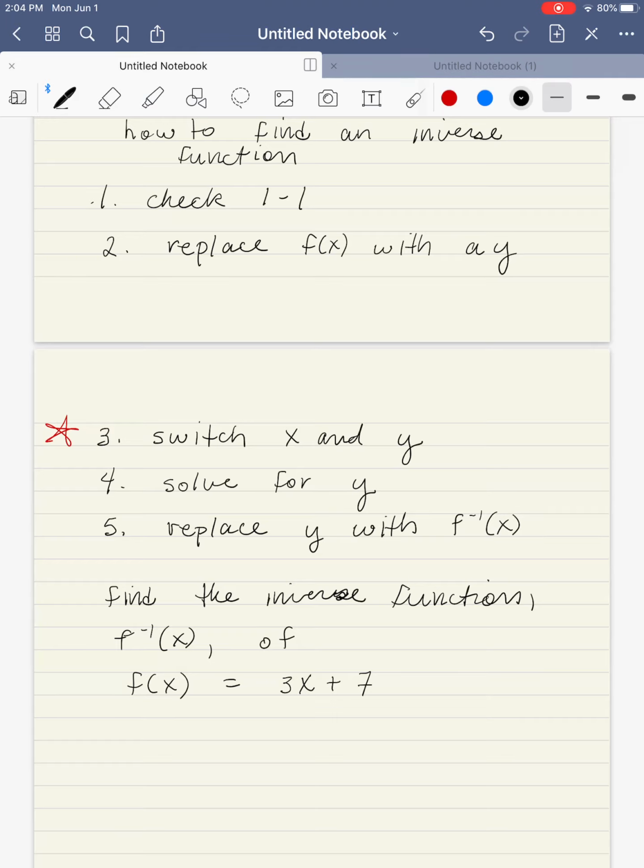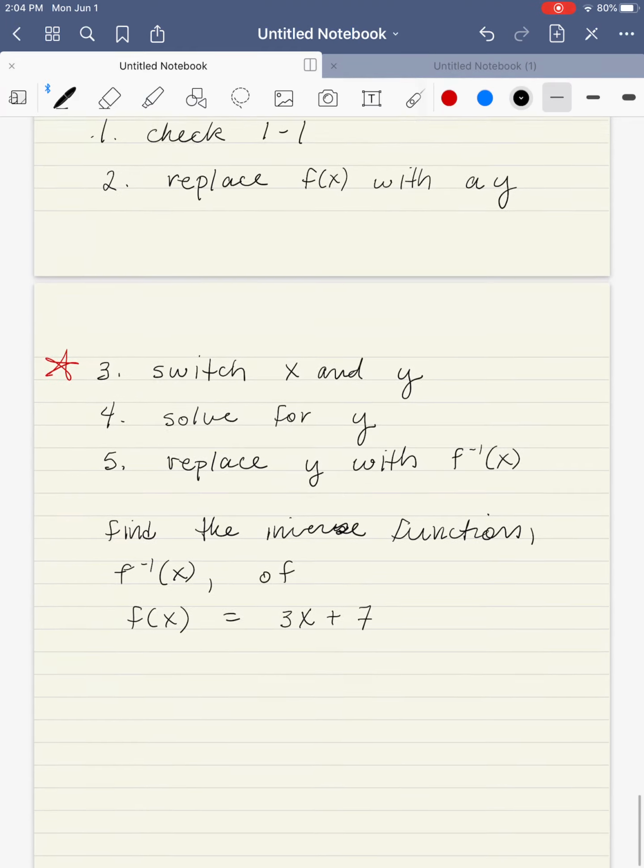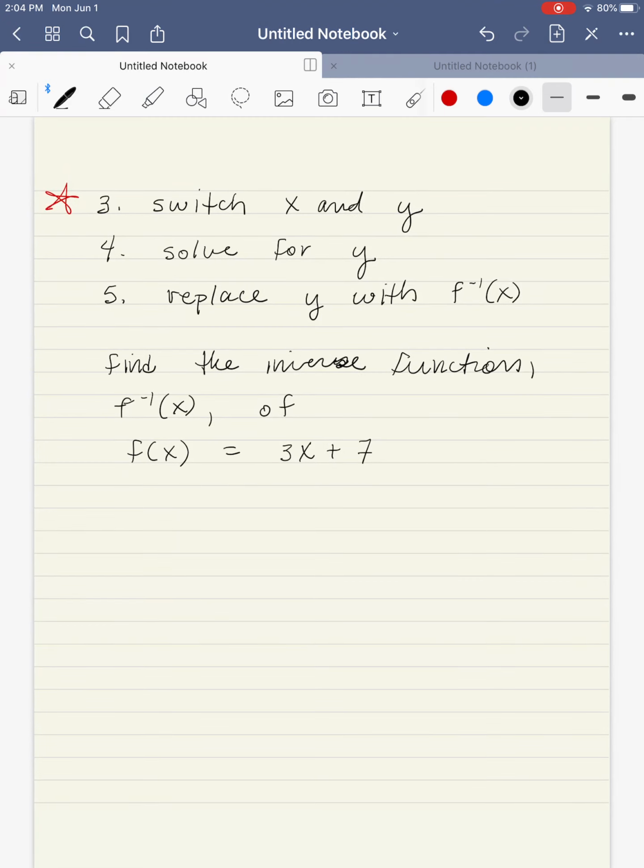Well, let's think about what a linear function looks like. We have not actually learned how to graph linear functions yet, but we do know from transformations that if I were to graph this function, it would look like my basic function y equals x, but it would be stretched by a factor of 3 and moved up 7 units.